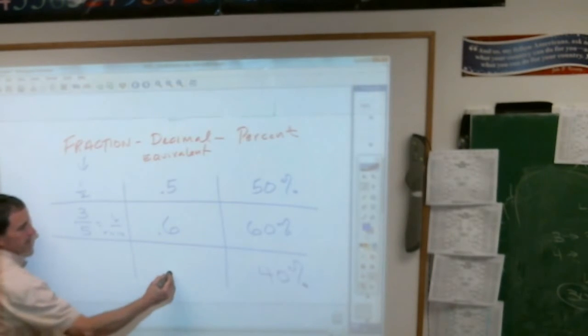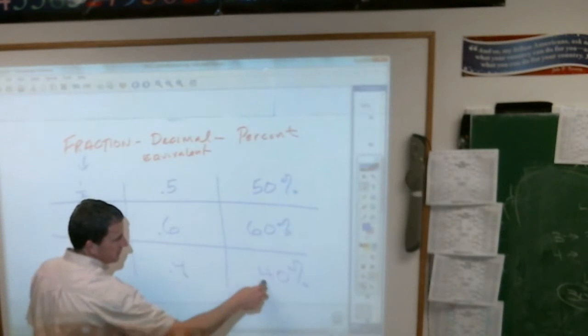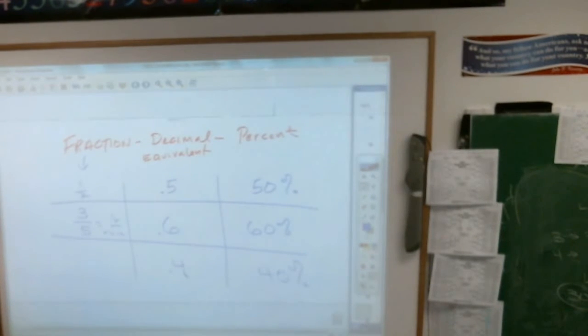How do you know? Because you just move the decimal back 2 places, and then as a fraction it is, Kate? 4/5. Wait. It isn't 4/5. 2/5. Right, because it's 4/10, but that needs to be reduced to 2/5.